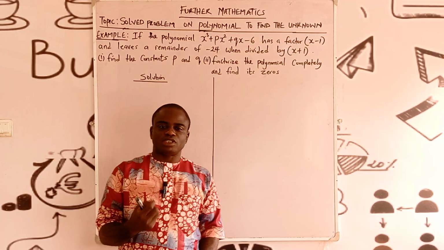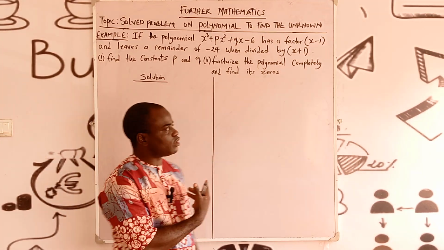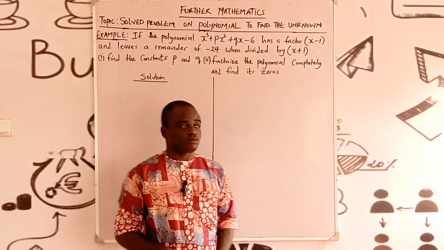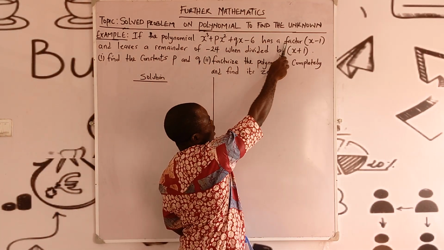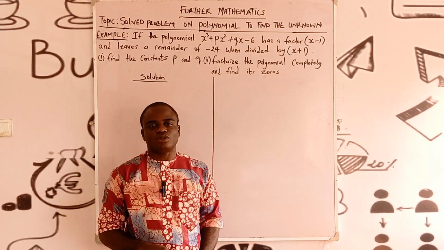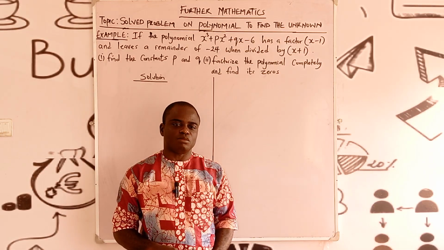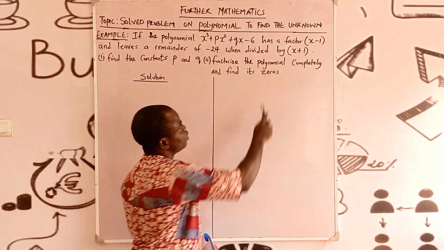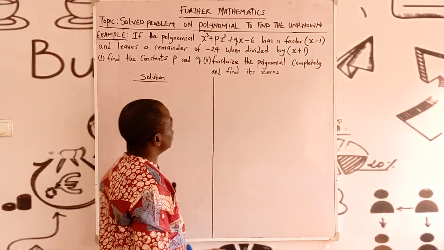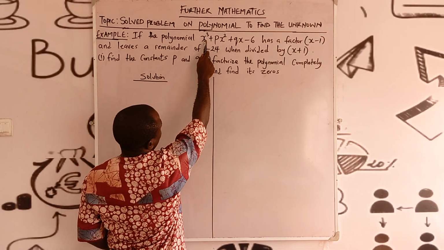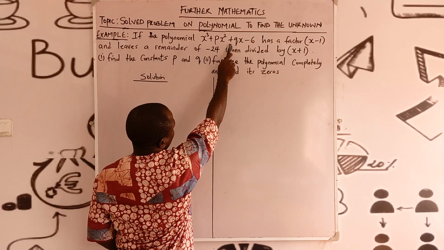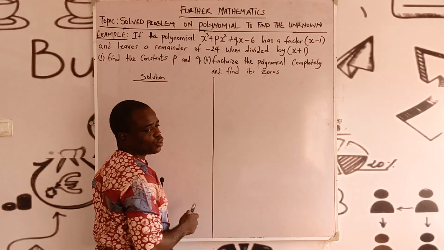There are some key points you must know when you are solving a problem that involves finding the unknown when you are given a factor. When you hear the word factor, the remainder must be 0. What we mean is that when you substitute the value of x into this expression, you equate it to 0.